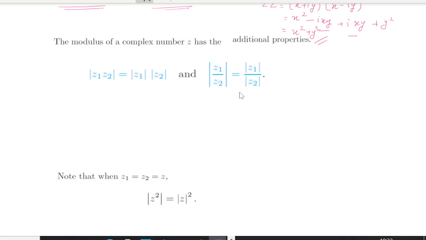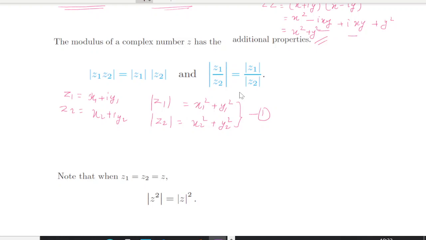Suppose you have two complex numbers, z1 equal to x1 plus iy1 and z2 equal to x2 plus iy2. Then modulus of z1 means square root of x1 square plus y1 square, and modulus of z2 means square root of x2 square plus y2 square. Call this equation 1.